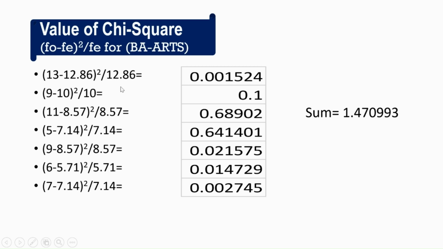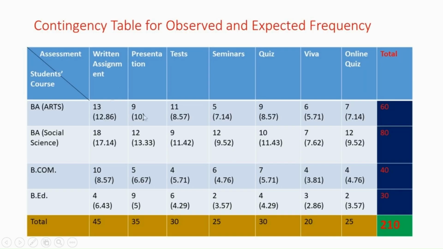0.001524. Similarly, for the other cell, we can find the value of (FO minus FA) squared divided by FA by subtracting 10 from 9, that is (9 minus 10) square divided by 10.